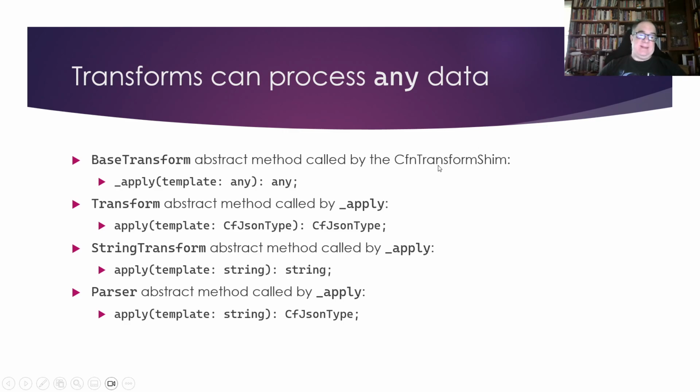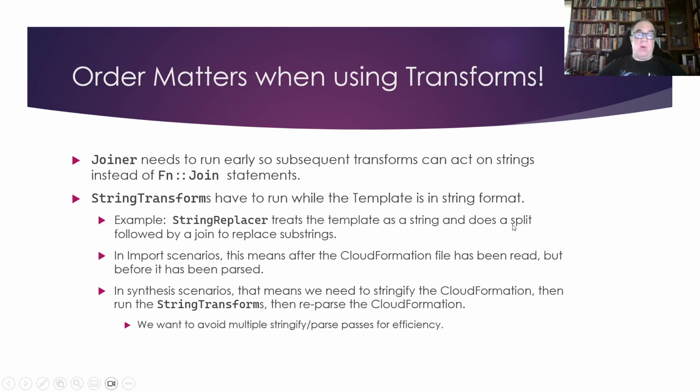Okay, and so although mostly we've been using transform, and mostly I do use transform, there are all of these other forms of transform, and you can create your own as long as you're using base transform as your base class.